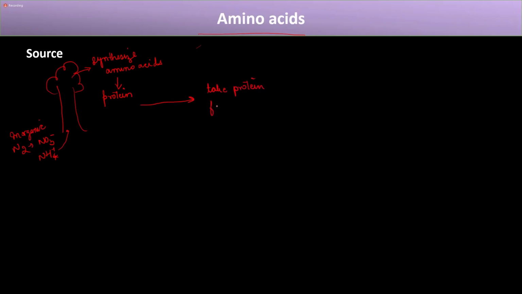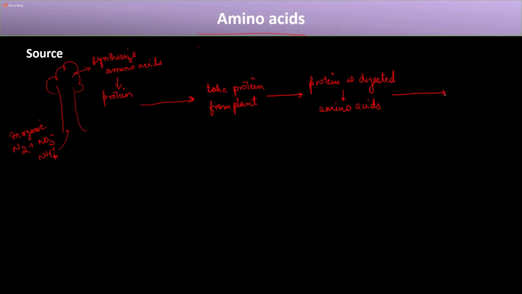And then in the body, animals have a digestive system in which this protein is digested. Upon digestion, it forms amino acids again, because it breaks into its monomeric units, that is amino acids.